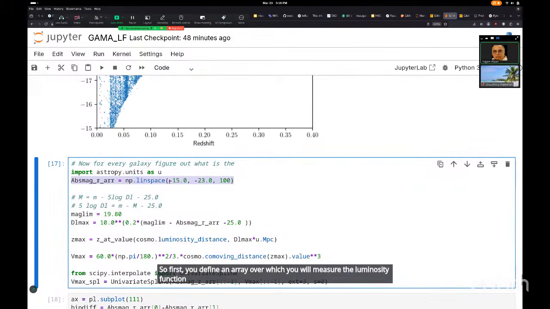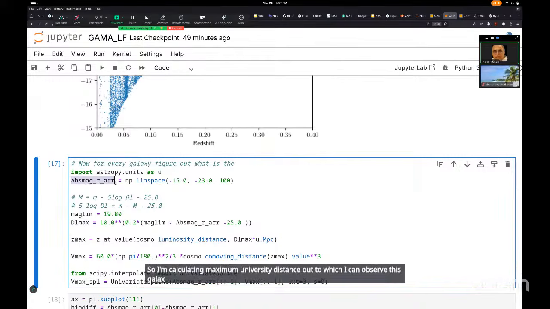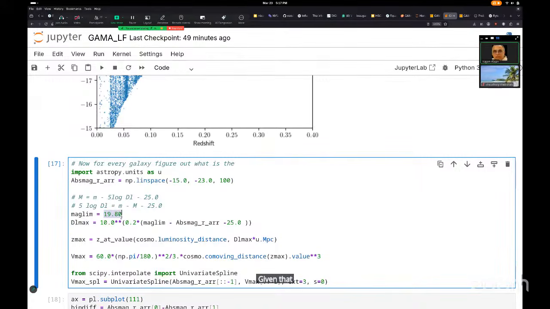So I'm defining from minus 15 to minus 23, and I will do it in 100 data points. I have a limiting magnitude which is 19.8. So I'm calculating the maximum luminosity distance out to which I can observe this galaxy, given that the magnitude limit is this.